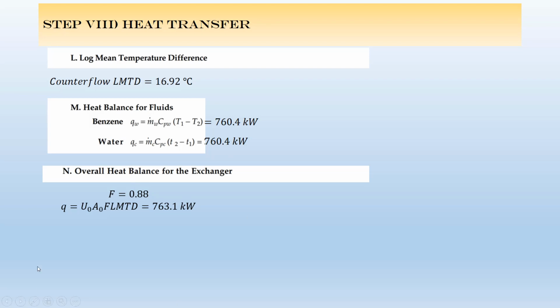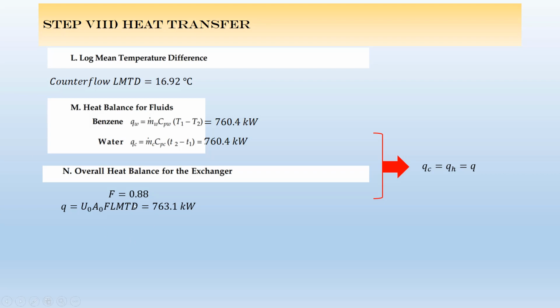Moreover, guys, the difference between this value and this QC and QW is less than 1%. It clearly shows that this F is not accurate. So you can claim that the QC equals the QH equals the Q, and this is acceptable for this case.